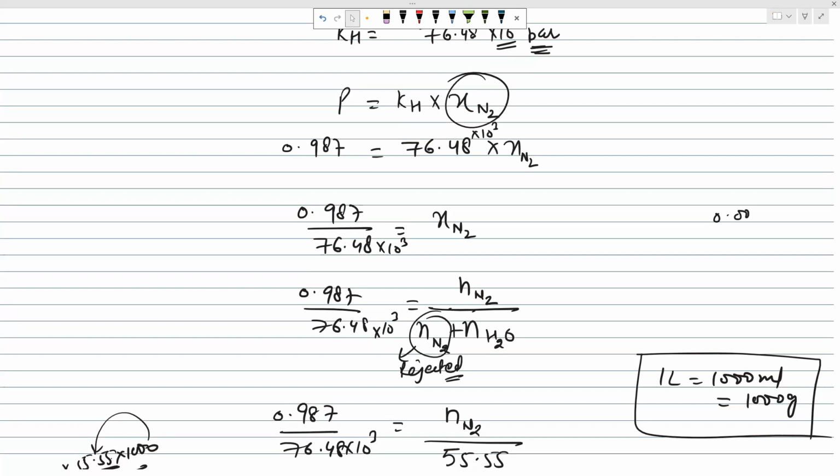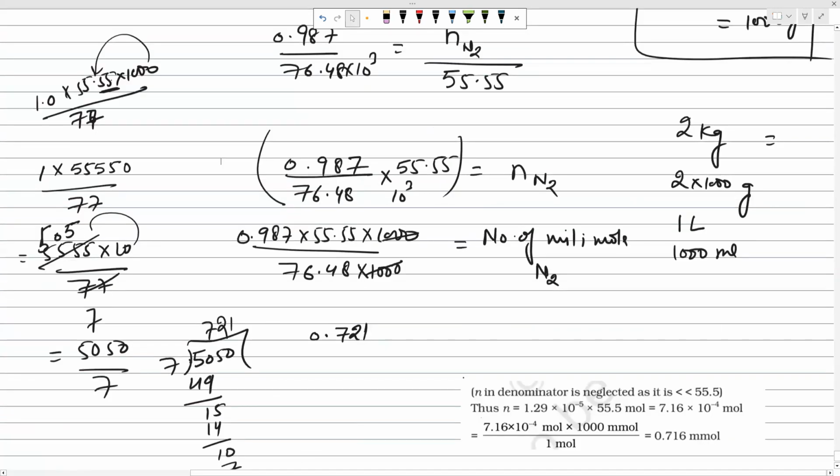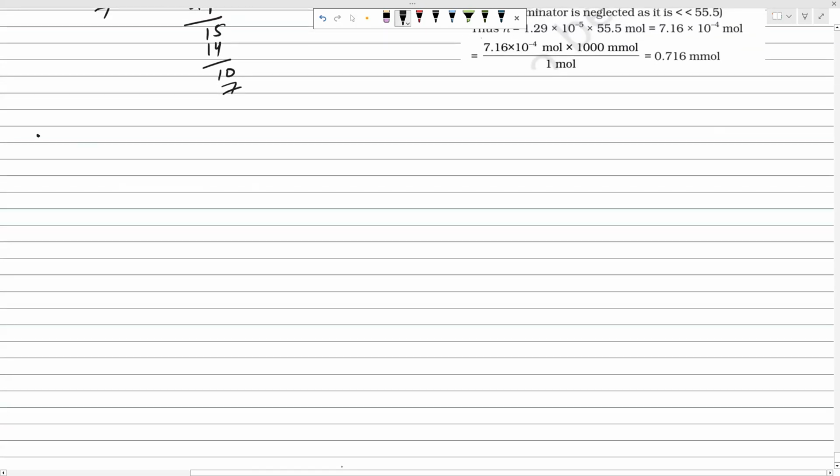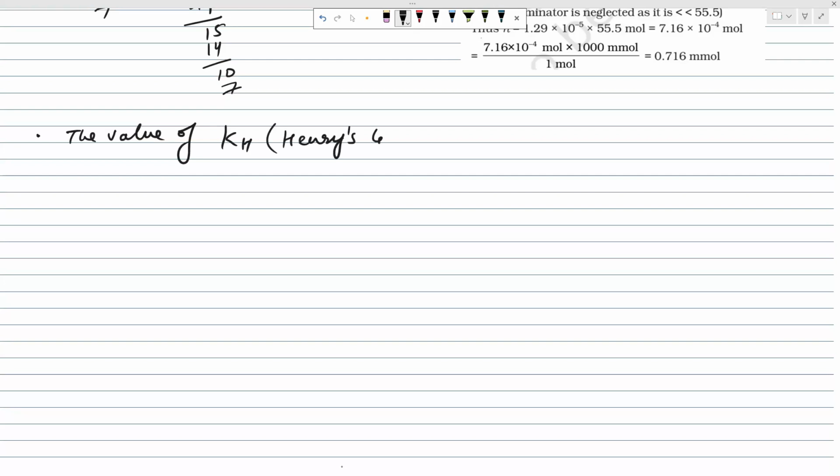Moreover, Henry's law constant has some properties. So write some applications of this one. First of all, the value of KH, which is Henry's constant, is different for different gases.